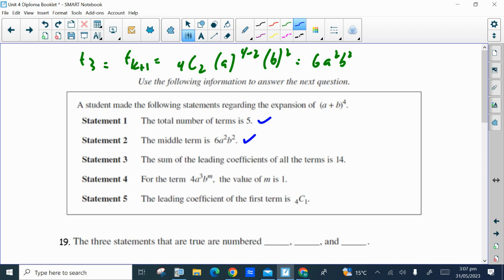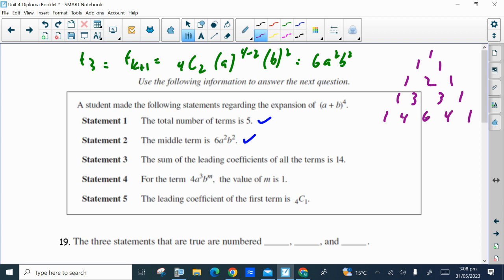The sum of the leading coefficients is 14. Well, we can get the leading coefficients by using Pascal's triangle. Because n is 4, we want to use the row where the second number is 4. It should also be the row where there are 5 numbers because there are 5 terms, which will be this next row.